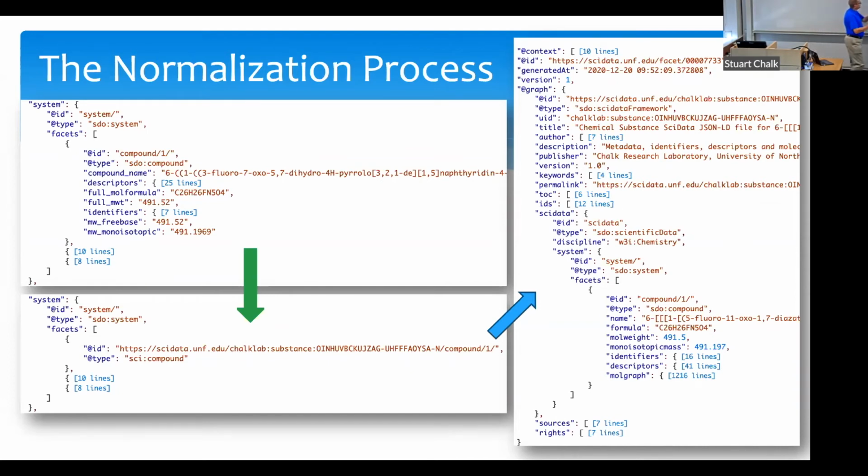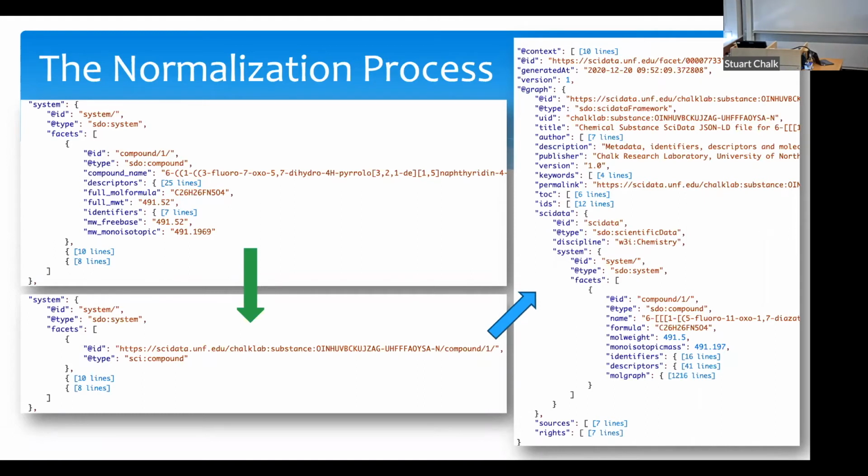Once we've identified from this metadata what the compound is, either we've found that it's already in the graph database, or it's not, and we have to create it. Once we've created it, which is shown over here, we just link it together by replacing the metadata element with this particular ID.